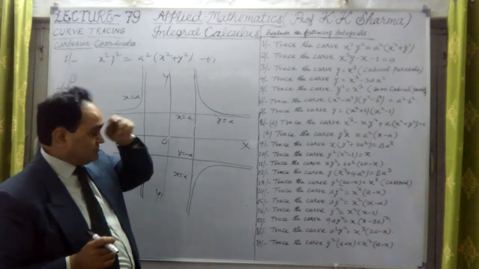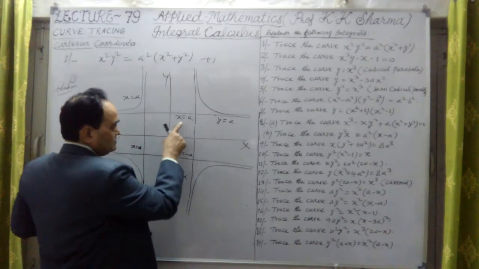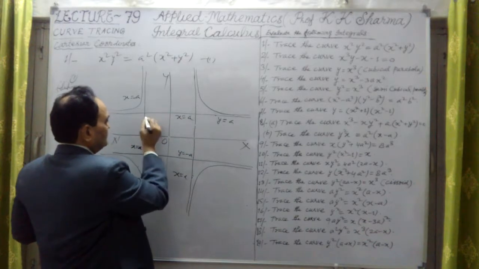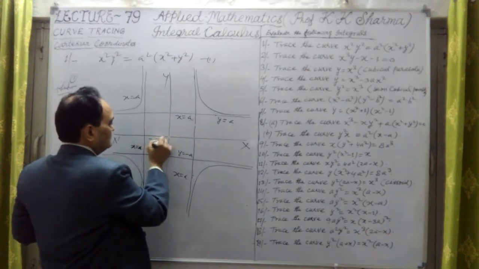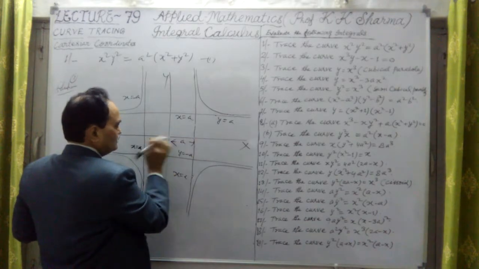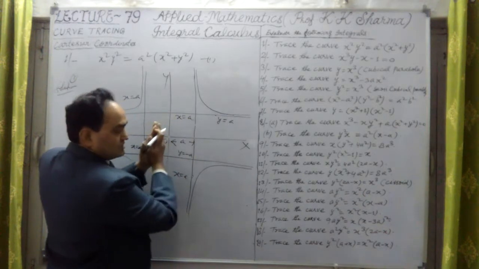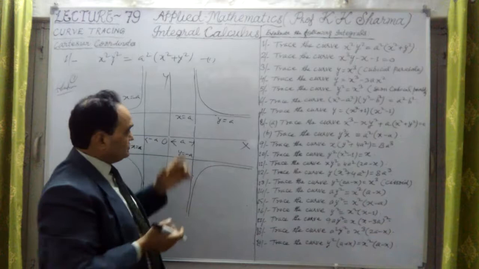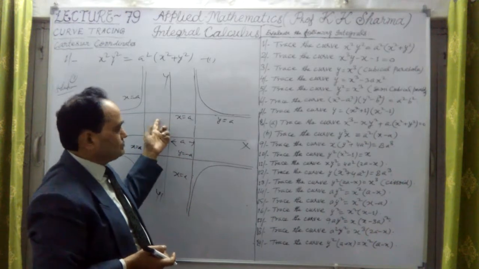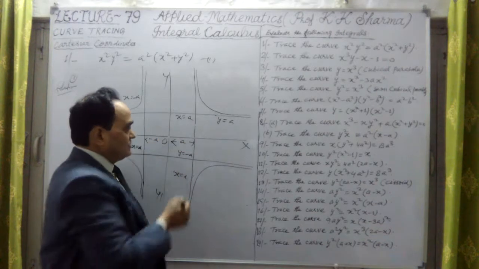This is the curve tracing of this figure, because within this range, x equal to a, x equal to minus a, up to the origin to this point x equal to a, and here it is x equal to minus a, curve tracing is not possible, because in this range x equal to a to minus a, y equal to a to minus a.